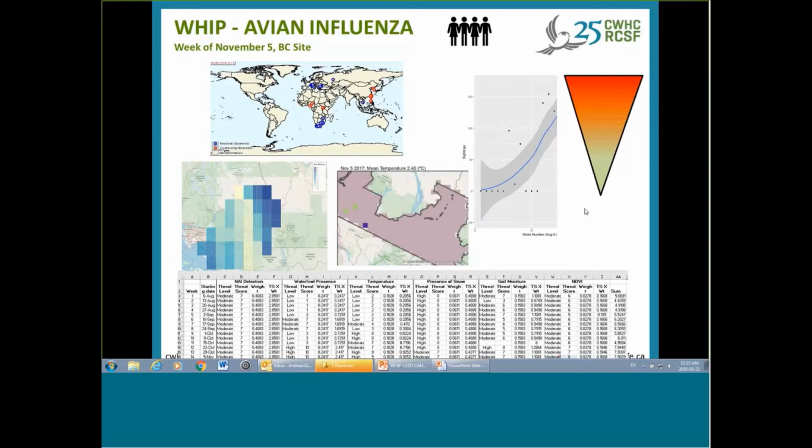So this brings a different element, where the groundwork is pointing towards a more favorable environment for influenza, as opposed to a detection, a surveillance test.